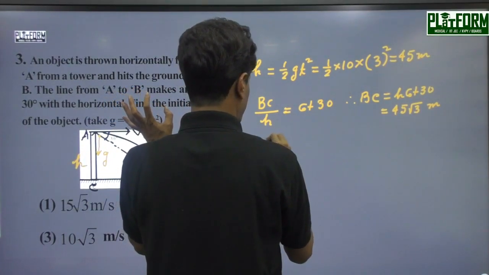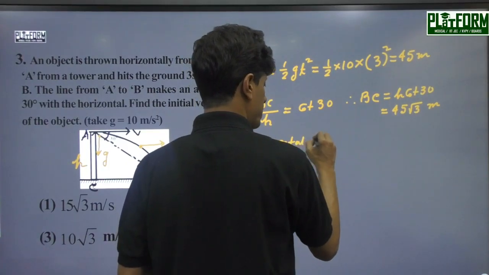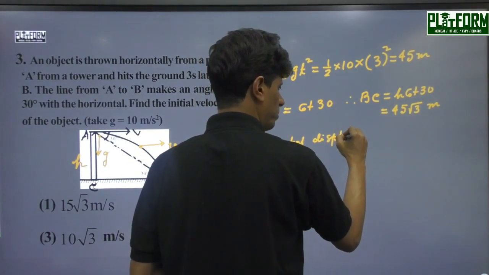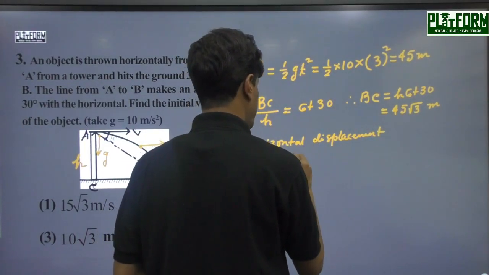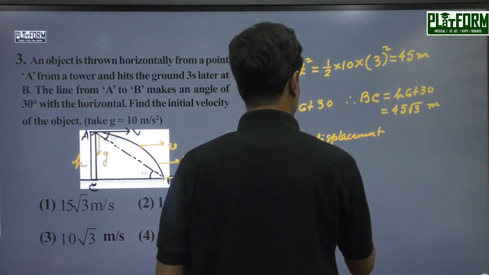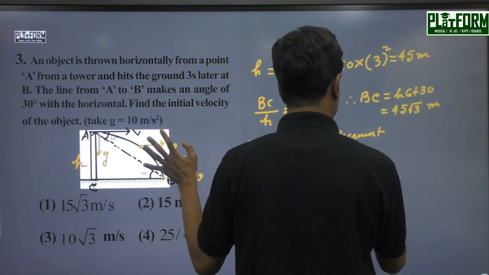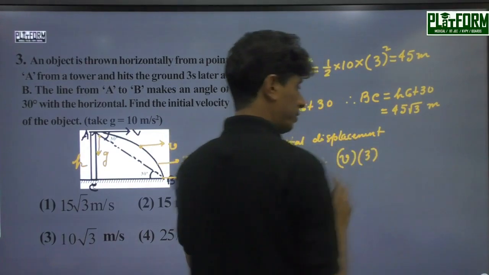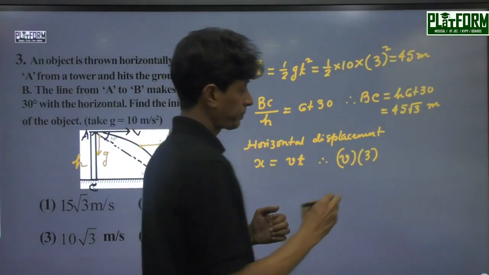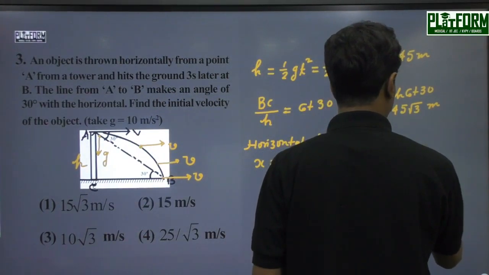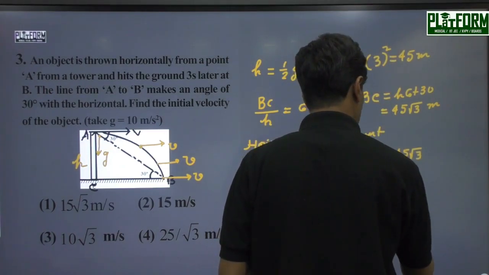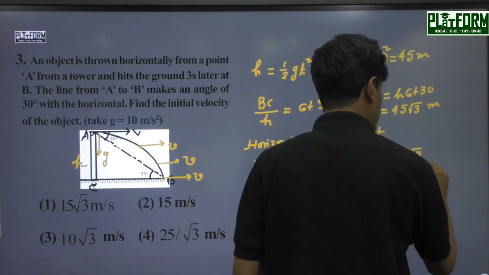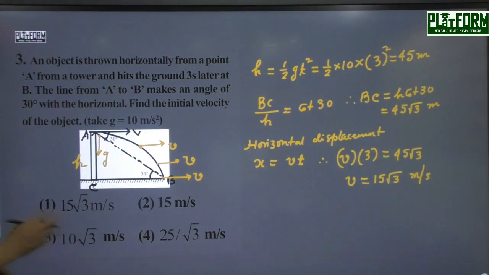Horizontal displacement x is equal to v into t, and v into 3 seconds, the time taken to fall down on the ground, equals 45 root 3, and from here we get 15 root 3 meter per second. So the correct option that matches here is 1.